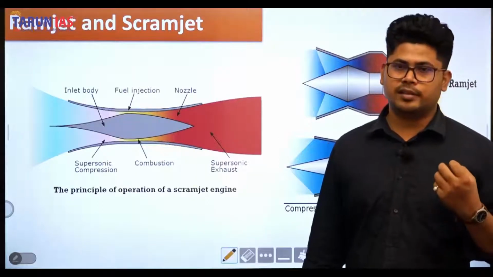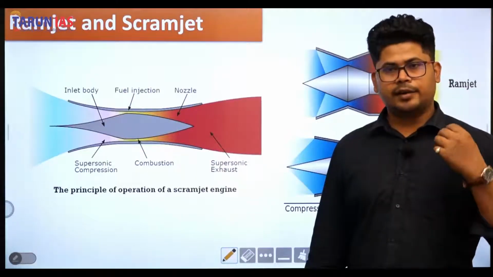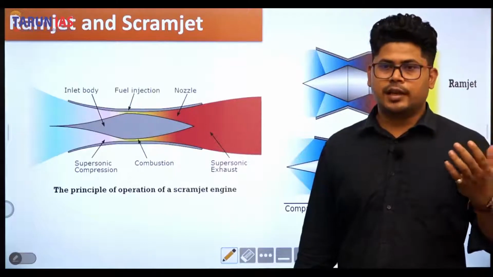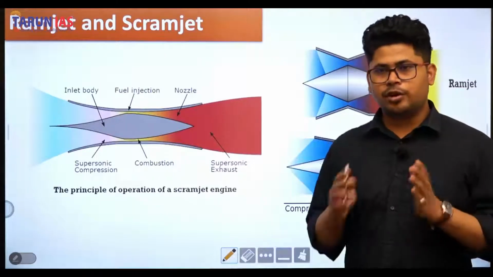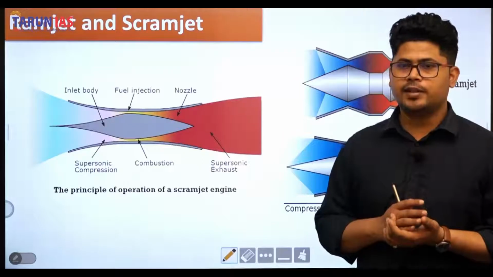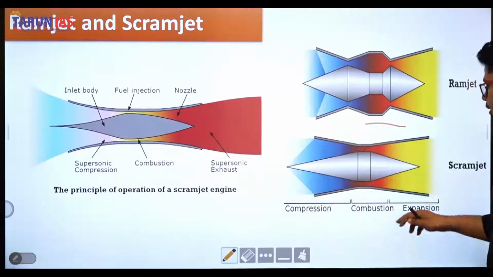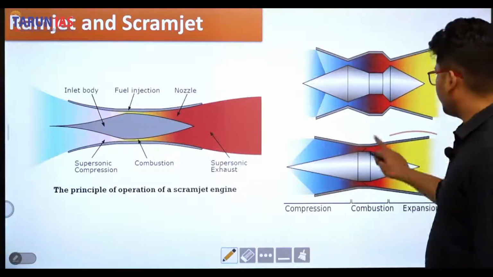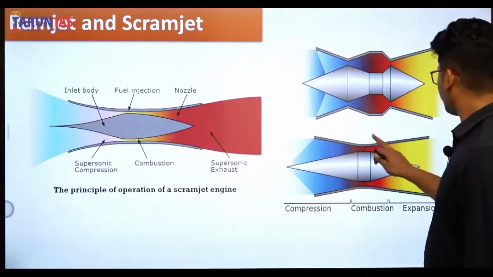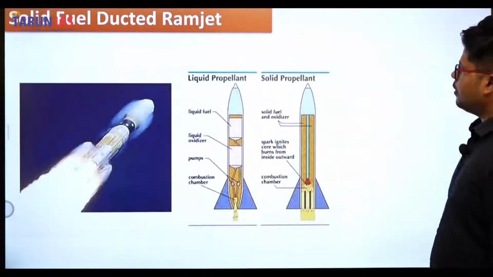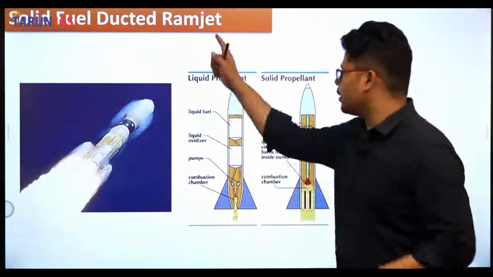At very high altitudes and speeds, liquid can behave in a certain way, but solid fuel is very reliable. That is why DRDO has developed this solid fuel ducted ramjet.